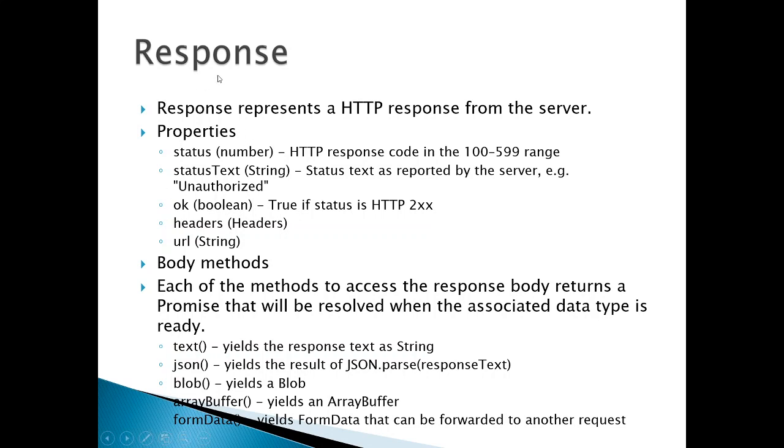Whatever the server has sent to us, it contains this information. And you can convert that information into text, into JSON, into blob, into array buffer, or into form data, whatever layout you want to apply. For example, when the response from the server is simple text, you can convert it using .json, like response.json. Now the response will be converted into a JSON object.